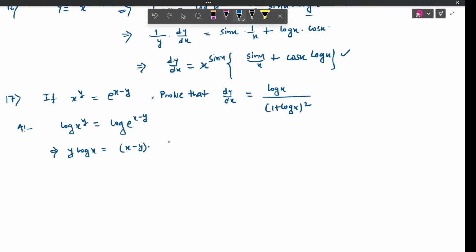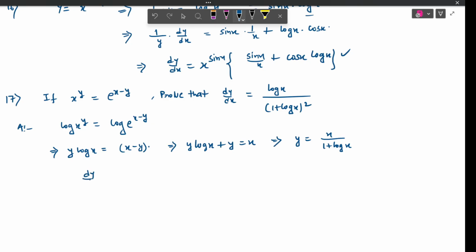Now what you can do, take y on one side. So y log x plus y equals to x. Take y common, so y would be x by 1 plus log of x.